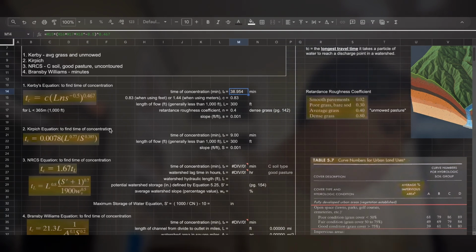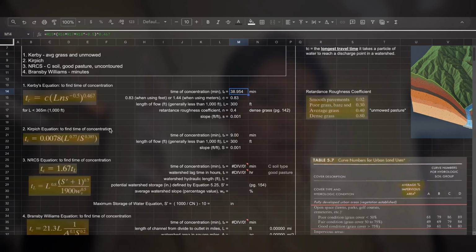The book mentions, hopefully I found it really quick, for Kirpich, that this equation was developed so it can be used for rural areas. This equation is based on data reported by Ramser for 6 small agricultural watersheds near Jackson, Tennessee.